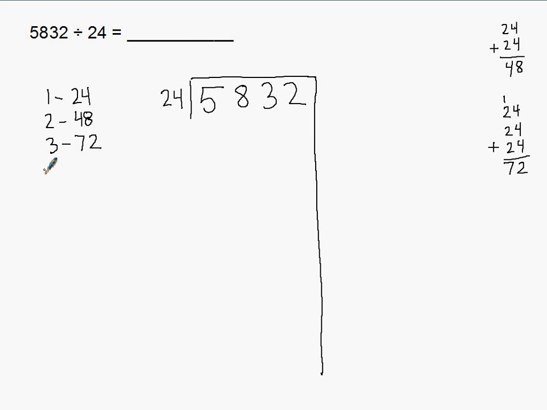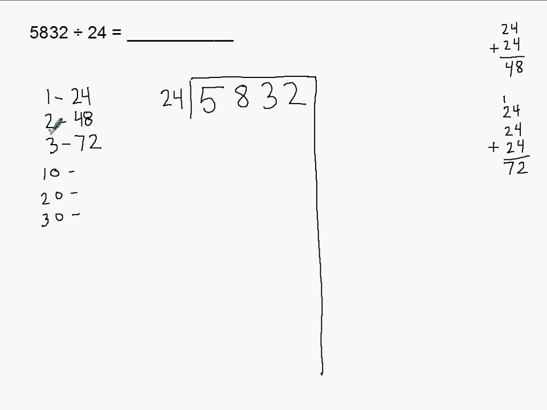All right. Now I'm going to go 1, 2, 3, then 10, 20, 30. And so I'll go 24 times 10, and 24 times 20, and 24 times 30.